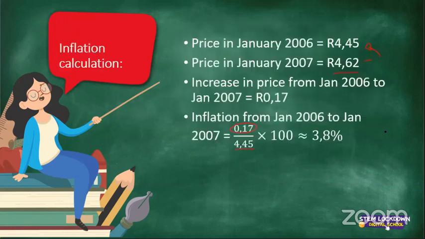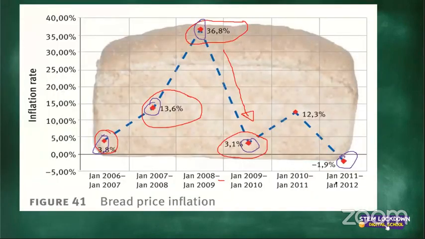Let's go see what we are talking about. This one here, you'll see that this one went to negative 1.9% for this year, January 2011 to January 2012. It decreased and went to a negative 1.9%.